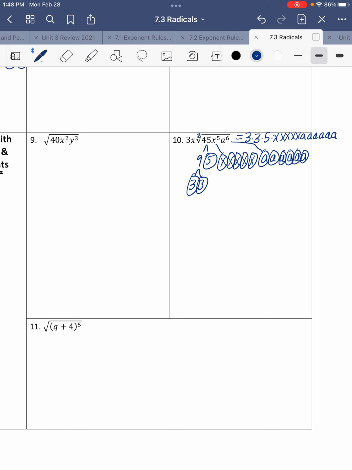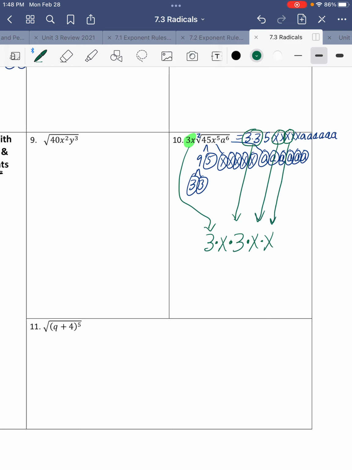It is a square root, so we are looking for pairs. So a pair of 3's comes out. Now let's be very careful. This x over here needs to come down first. That's 3 times x. We're going to bring this 3 down, pair. We have a pair of x's, another pair of x's, so it's going to come down.